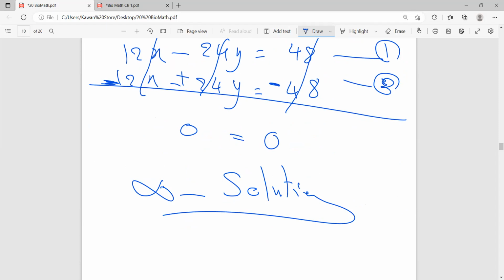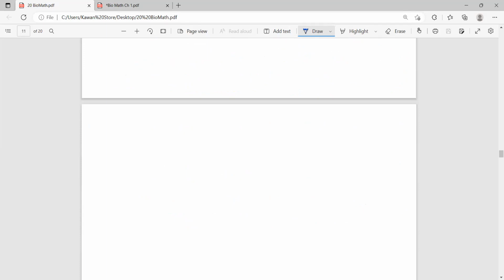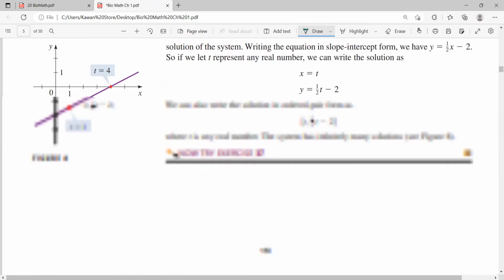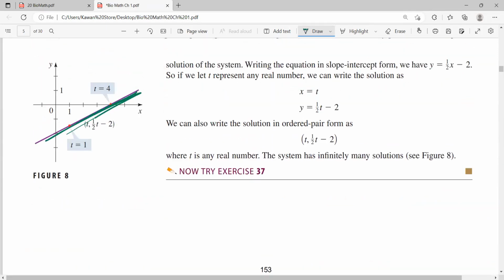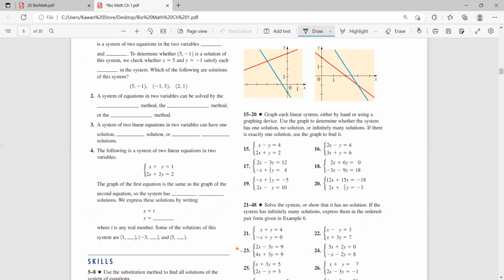Hello? Good. Thank you. So here we are. Now, you can see the solution and the graph of it. In 10.1, do you have a question?